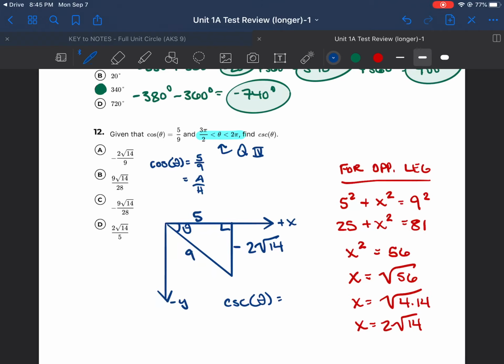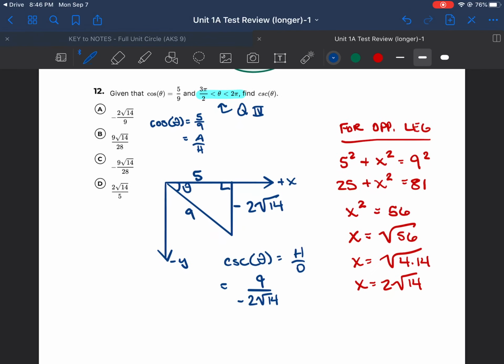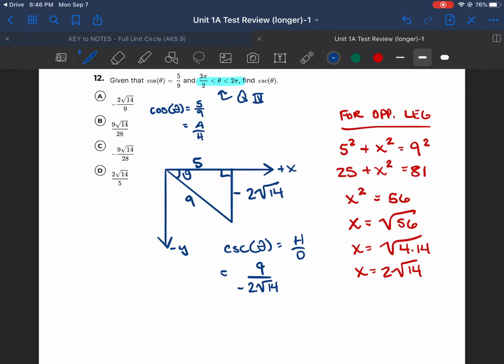The cosecant, remember, is the reciprocal of the sine, and we know sine is opposite over hypotenuse. So the cosecant is the hypotenuse over the opposite. The hypotenuse is a positive 9, and the opposite is a negative 2 square root of 14. Now, again, we don't like square roots in the denominator, so let's multiply the numerator and the denominator by the square root of 14. This gives us 9 square root of 14 in the numerator, because 9 times the square root of 14 is just 9 square root of 14.